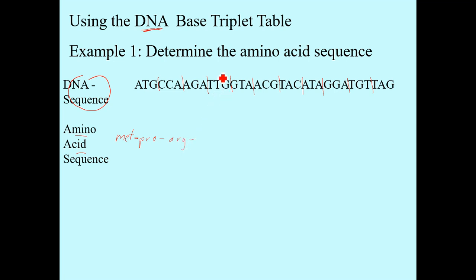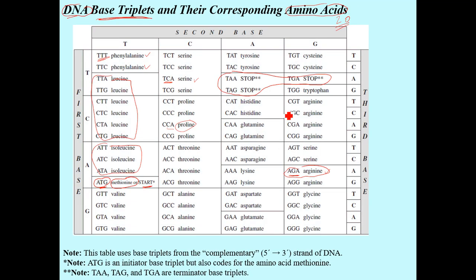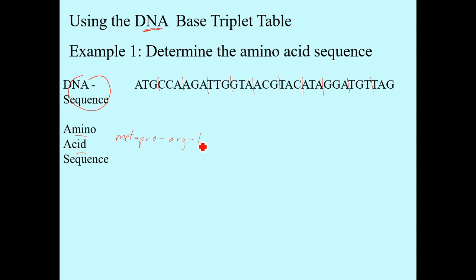And we'll just do one more, the TTG. TTG is going to be our leucine that we would have here. Okay, so you're going to join those together. Those would be the amino acid sequence, but this is also the protein that you are making.